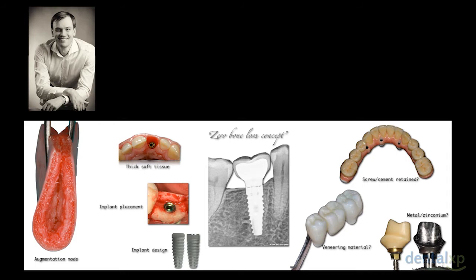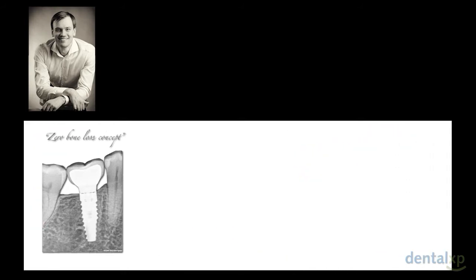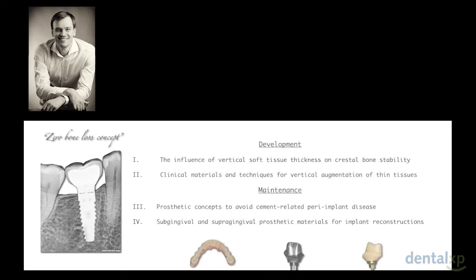These factors have influence on how stable the bone is around our implants. Based on these factors, we have developed a series of lectures, and we could divide them into two groups: development of crestal bone stability and maintaining this stability, because one thing is to develop, but more important is to preserve the stability.